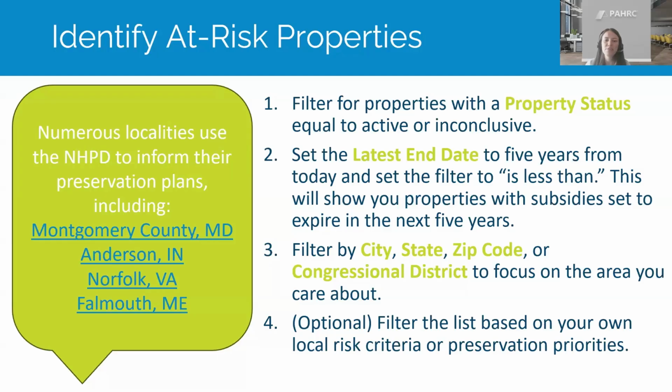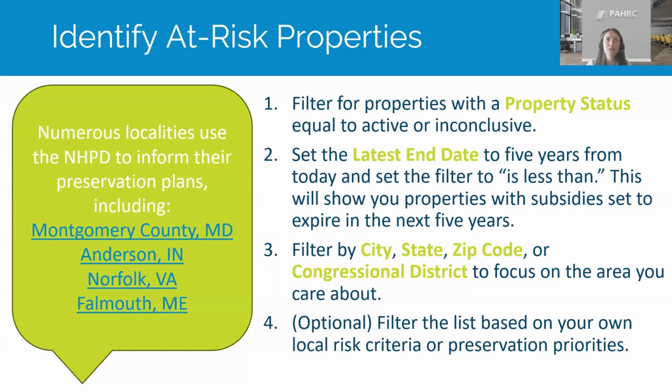And then from there, you can select the latest end date to 5 years from today's date and filter it by whatever state, city, zip code, or geography of interest. And then from there, you can refine this list even further based on your local preservation priorities. And on the next slide, I'll share some examples of what that might include, whether it's the condition of the property, its risk of converting to market rate, or the populations that are served.